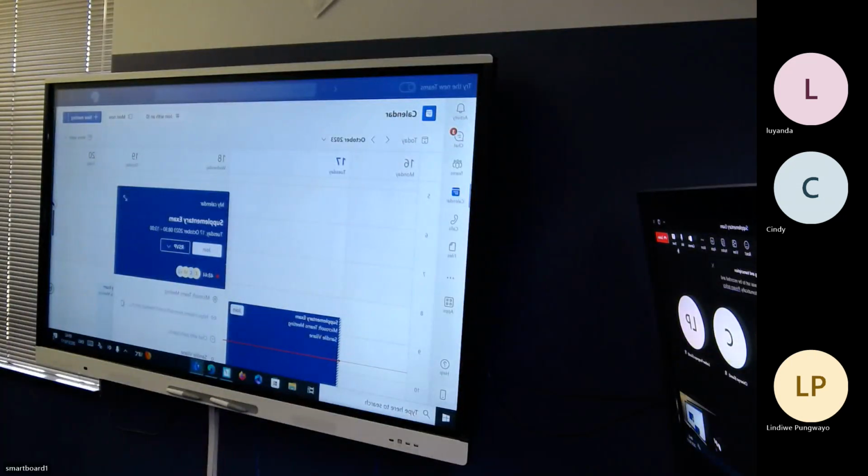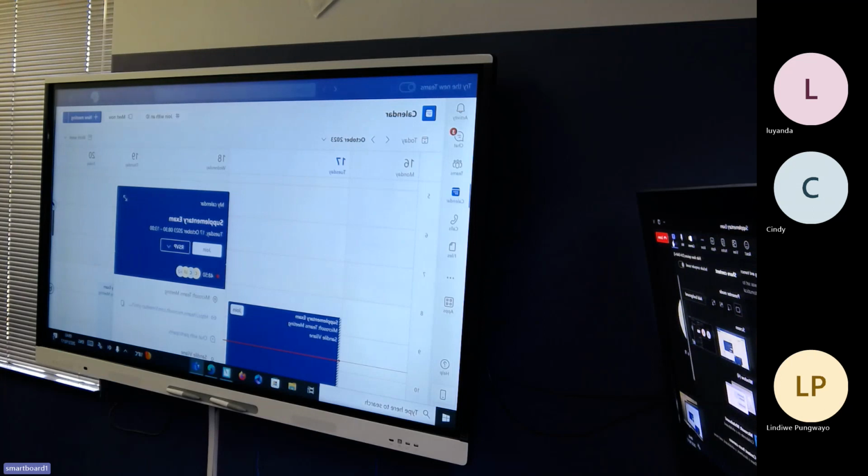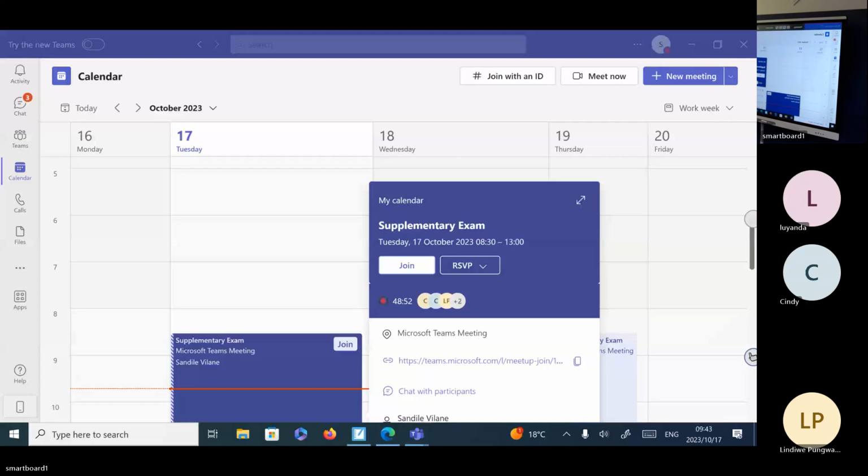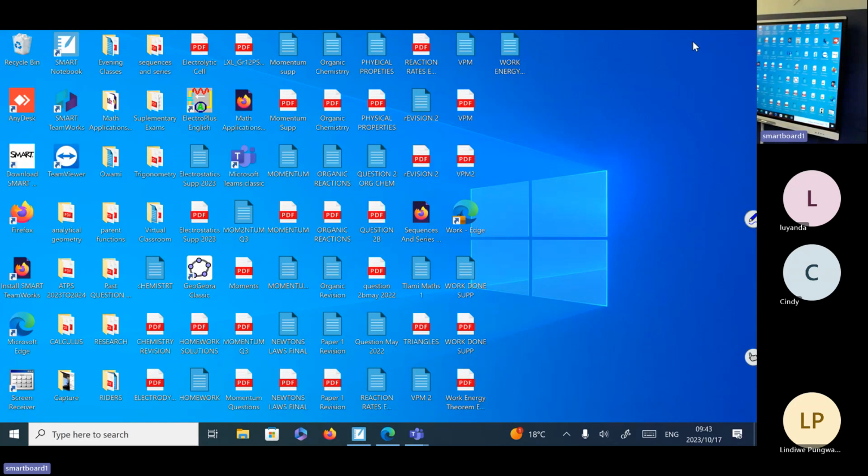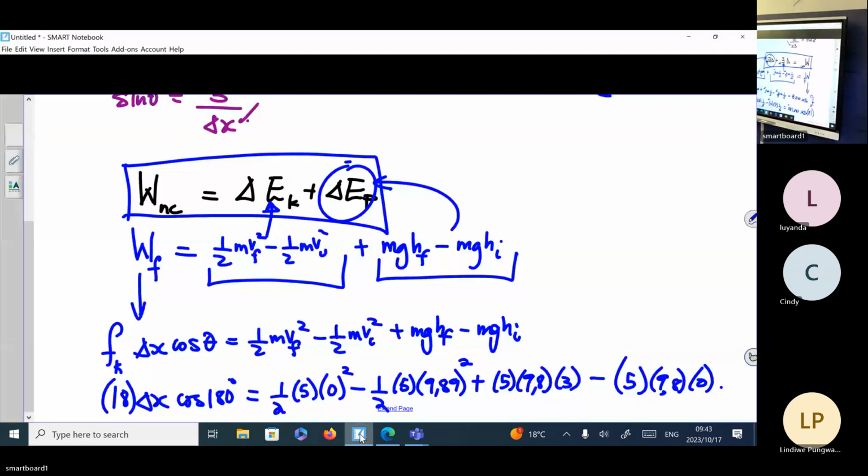Guys, sorry, the network is giving us some issues here, but it looks like it's sorted. Can you please confirm if you can hear me? Is the audio still clear? Am I still audible?